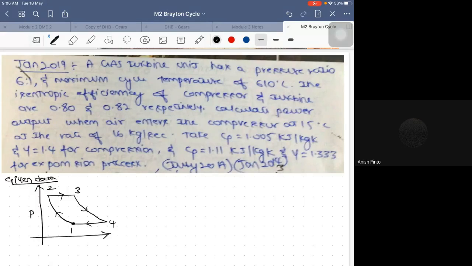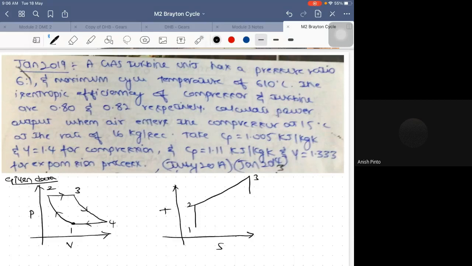Same thing, it is better to plot on the TS diagram also. Since 1 to 2 is an adiabatic compression, adiabatic in the sense it is isentropic, so that S remains constant from 1 to 2. Later on, it increases its temperature because of the heat addition isobarically from 2 to 3.